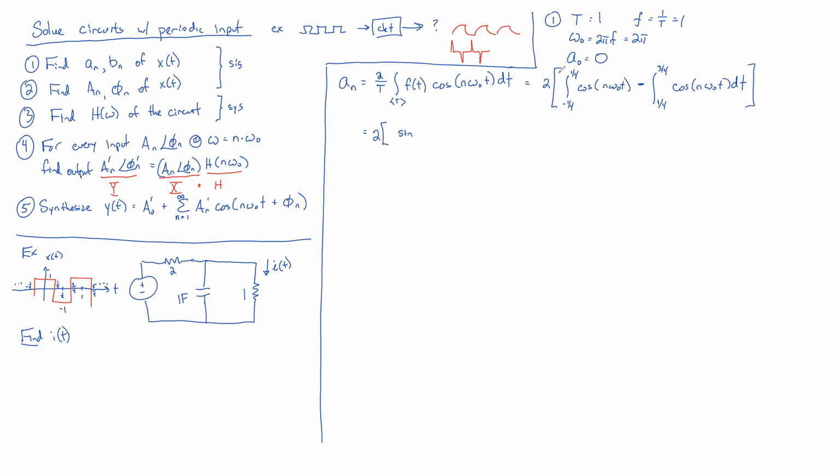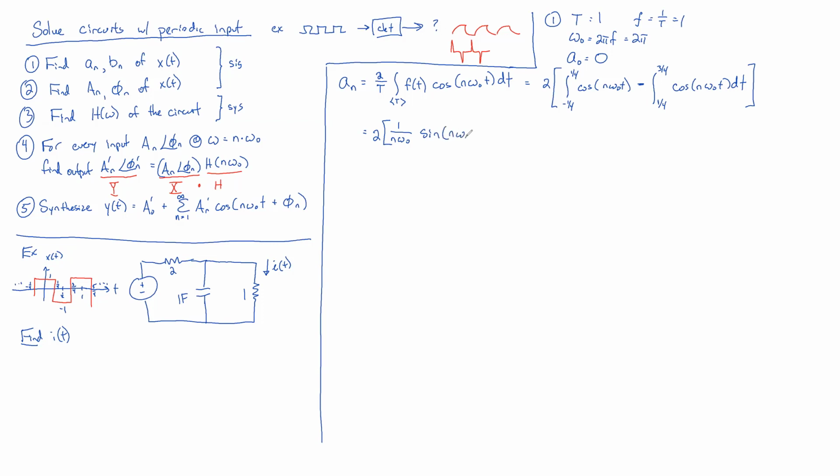And we'll take out this n omega naught, right? If we were to take the derivative, it would come out. So to take the integral, we have to say 1 over n omega naught. I'll write that a little bit more cleanly. 1 over n omega naught times sine.